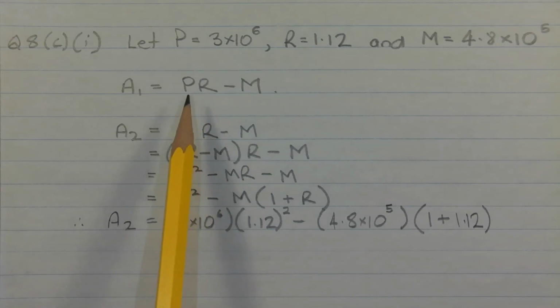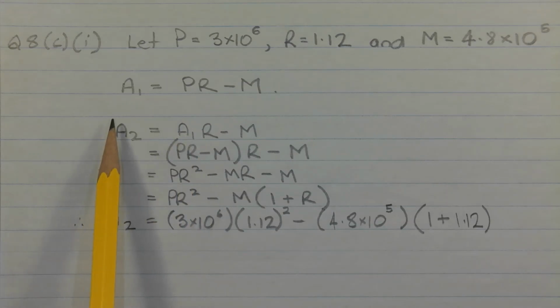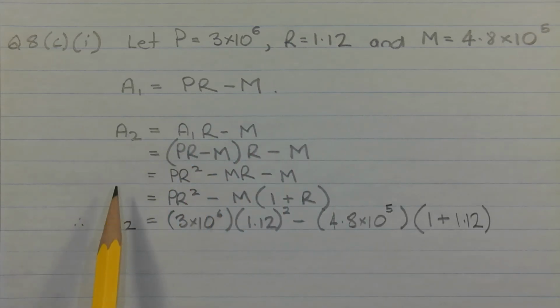But A1 is PR minus M, so substituting PR minus M for A1 here, we get A2 is equal to (PR minus M) times R minus M. Expanding the brackets, we get A2 is equal to PR squared minus MR minus M. And then factorising out negative M, we get A2 is equal to PR squared minus M times (1 plus R).